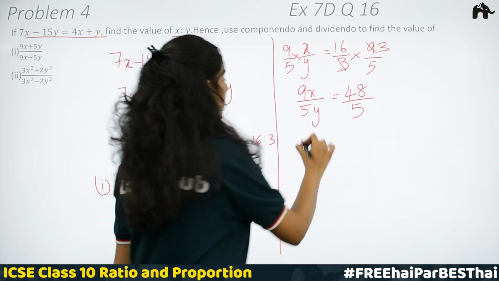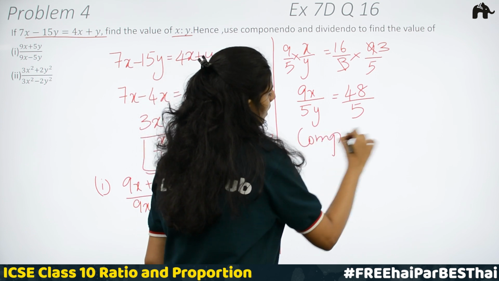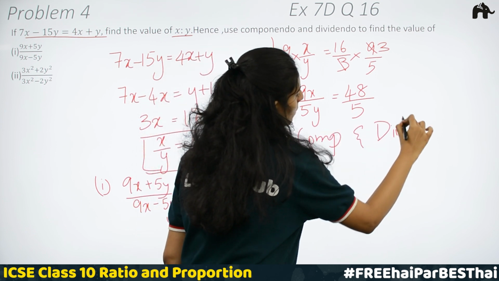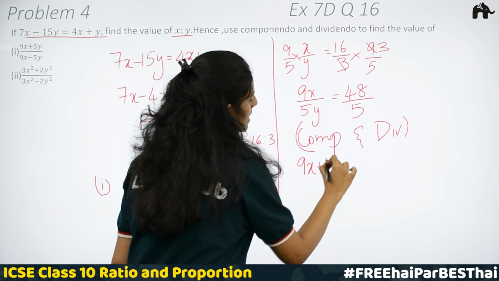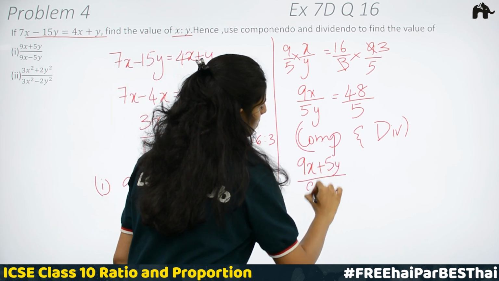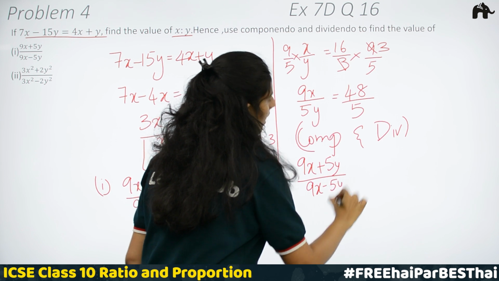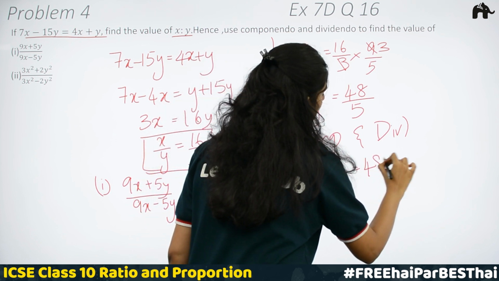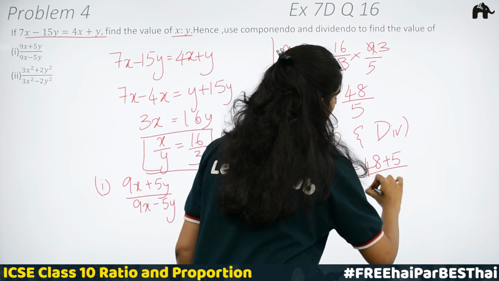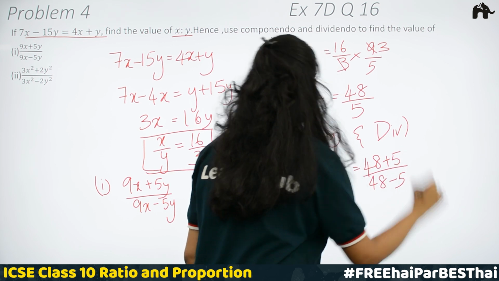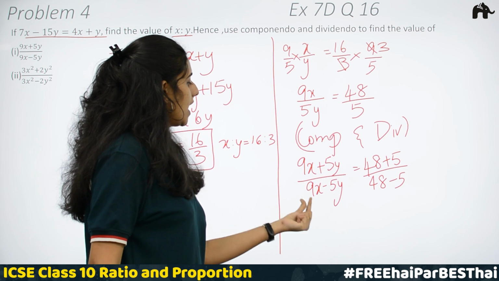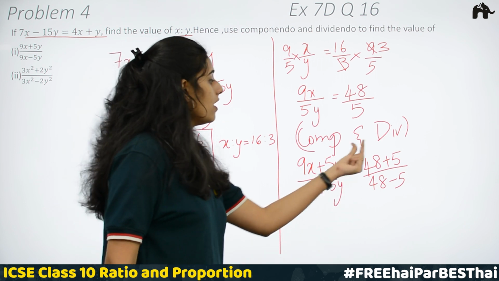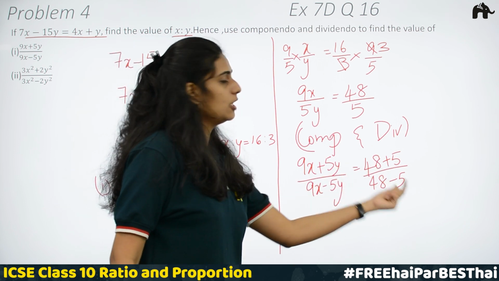Okay. Now applying the componendo and dividendo property, we will be getting 9x plus 5y divided by 9x minus 5y is equal to 48 plus 5 divided by 48 minus 5.